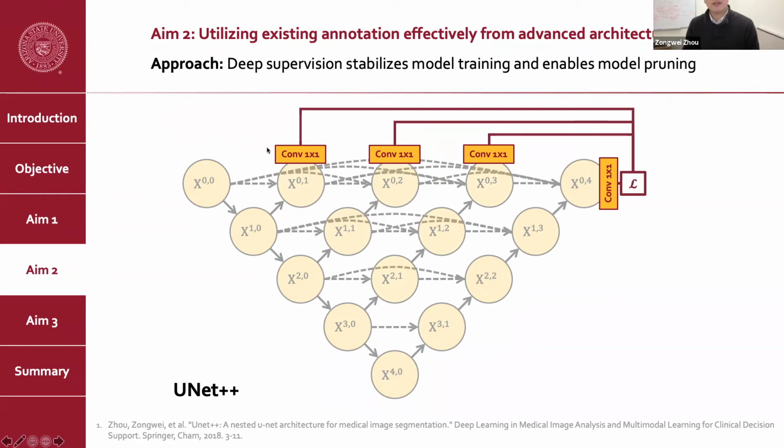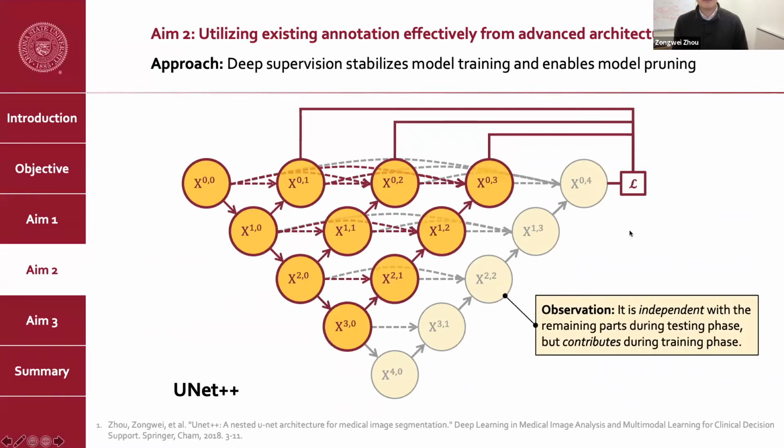So we found deep supervision can stabilize the model training, and more importantly, it also enables model pruning during the deploy time. People always complain that deep learning has so many parameters and it takes a large memory and computational power.